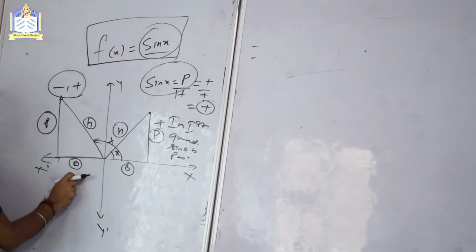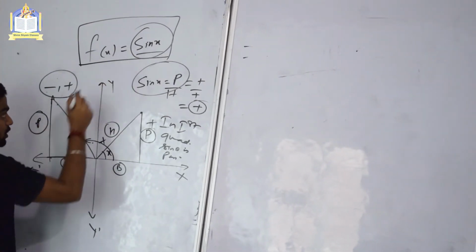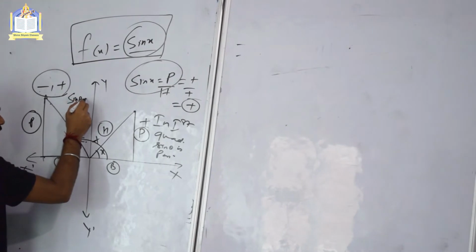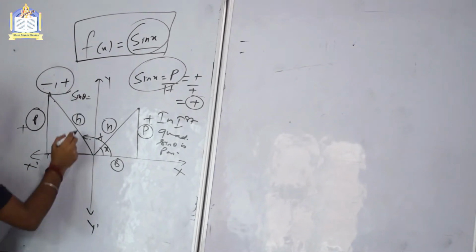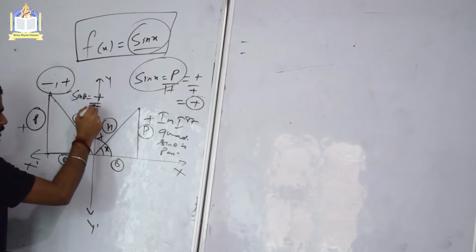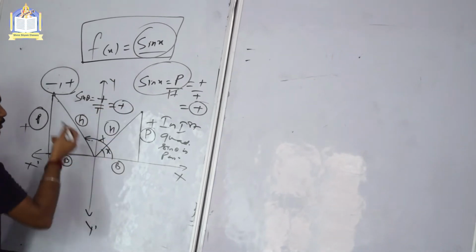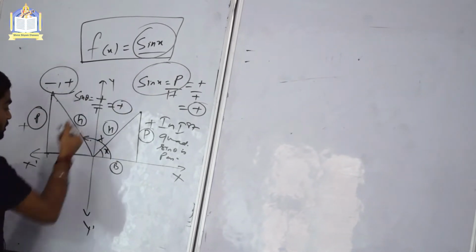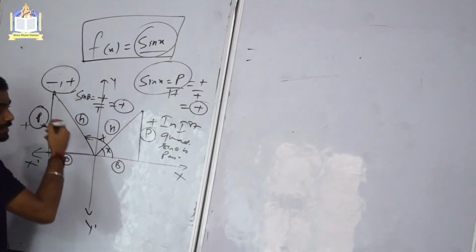But we are required to find sin theta, so sin theta again will be equal to p by h. Here p is positive and hypotenuse can never be negative, so positive by positive gives a positive result. So in the second quadrant also sin theta is positive, and in the first quadrant sin theta is also positive.